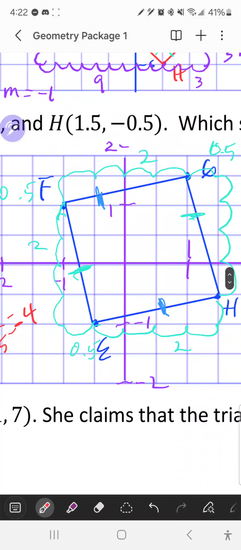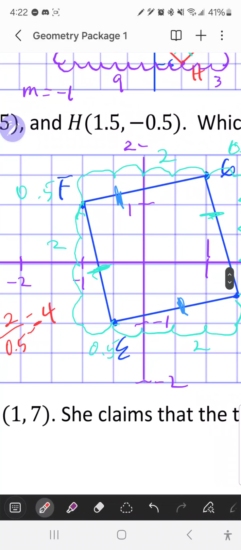Now the slope of this one, rise over run, is going to be 0.5 over 2, which is basically 1 over 4. If we multiply 0.5 by 2 is 1, 2 times 2 is 4. And as you see, this is negative 4 and this is positive 1 over 4, so they are opposite and reciprocal.